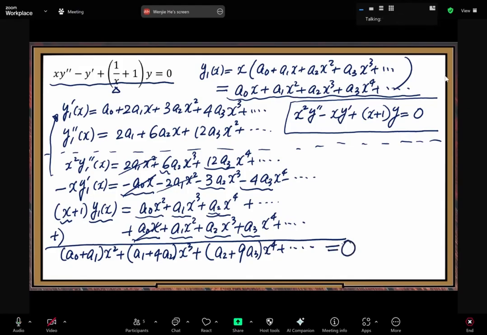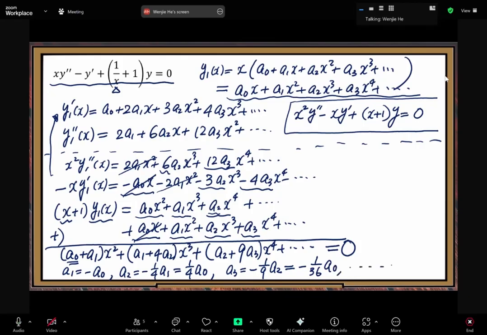So this equals 0. Then we can find, because a0 we use as a parameter, a1 equals negative a0. a2 equals negative 1/4 times a1, but if we represent it in a0, so positive 1/4 a0. a3 equals negative 1/9 a2, written in terms of a0, negative 1/36 a0.